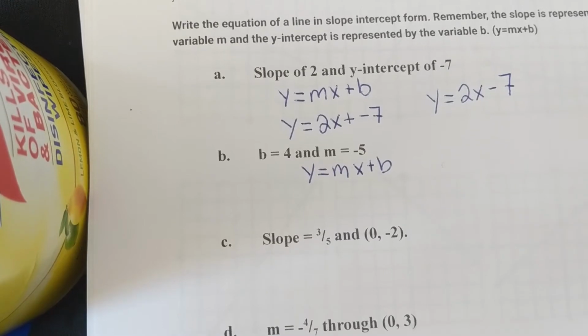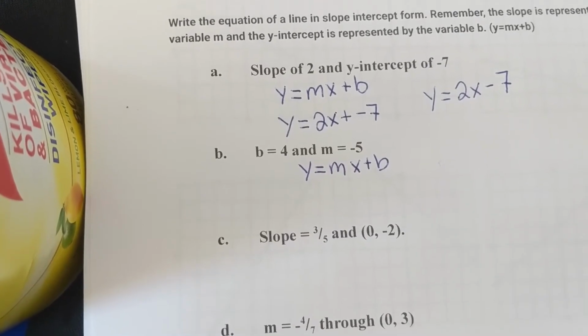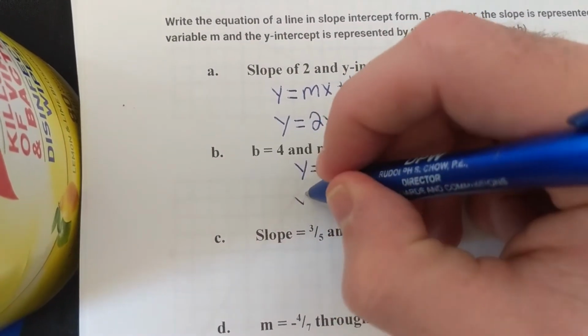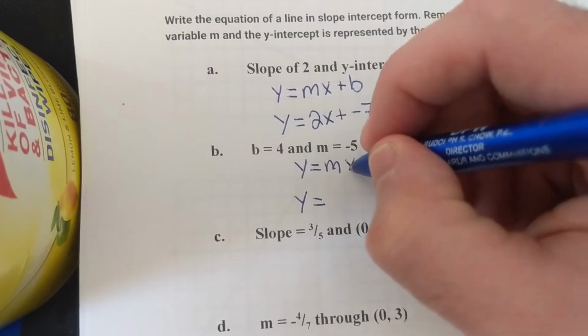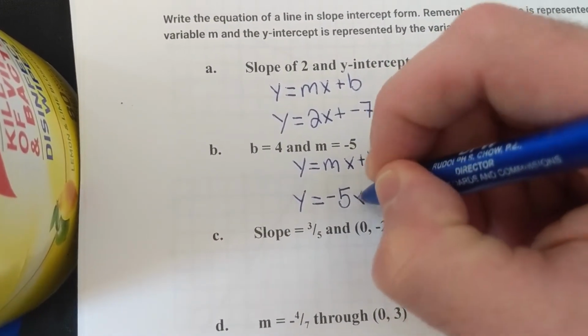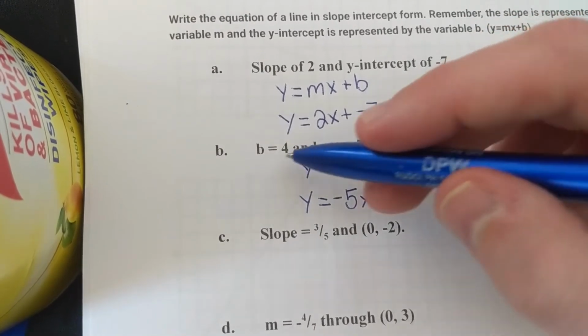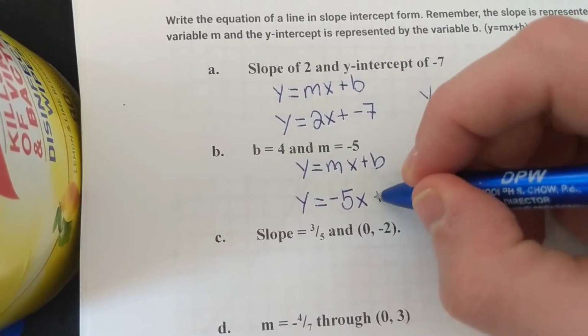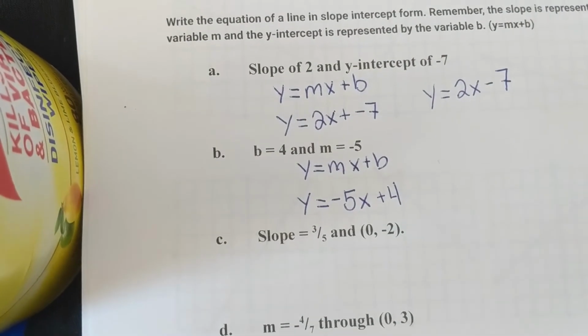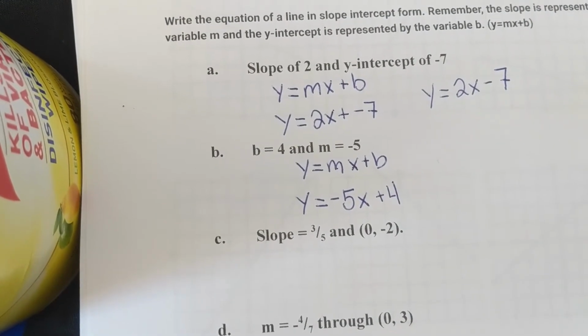So again, all we're doing is substituting those values into the equation y equals mx plus b, or slope-intercept form. So y equals our slope times x. Our slope is -5, so I'll have -5x plus b, and b is 4, so I'm going to write plus 4. So y equals -5x plus 4 is our answer there.